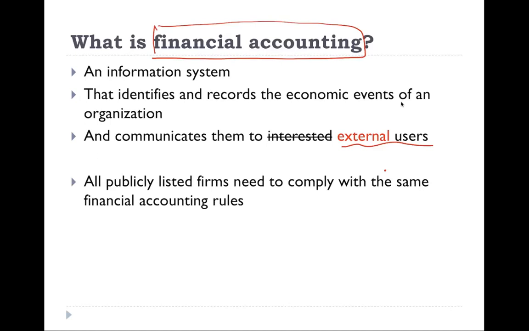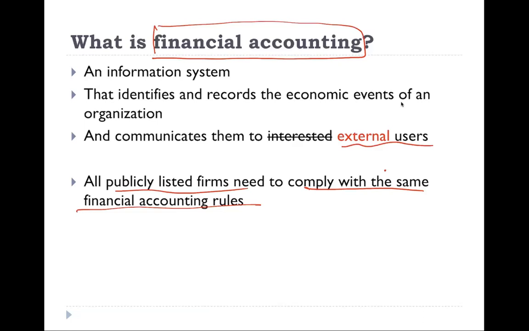One thing we need to know is that all of the publicly listed firms need to comply with the same financial accounting rules. Probably you can imagine what is going to happen if different firms use different financial accounting rules.